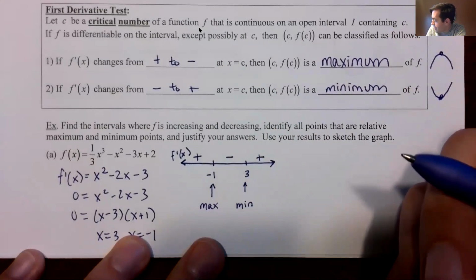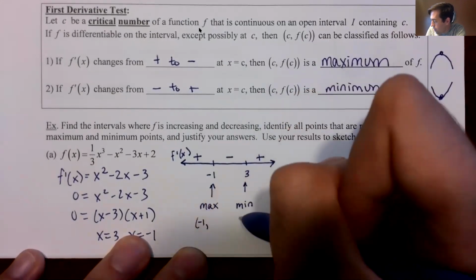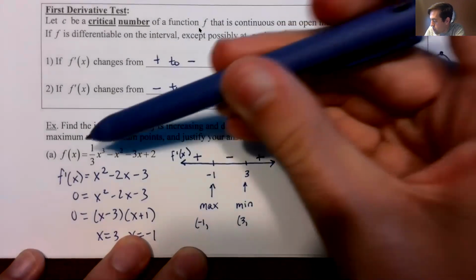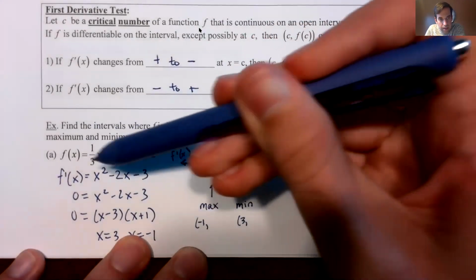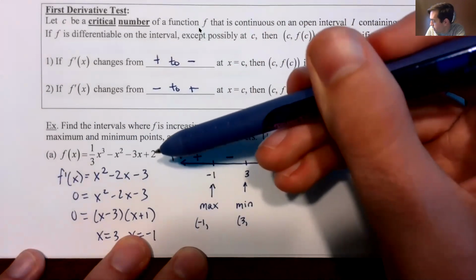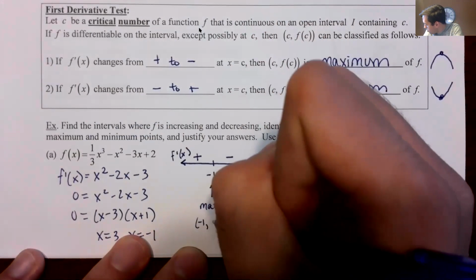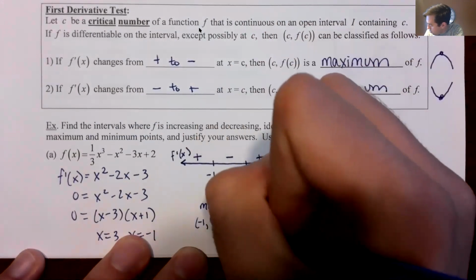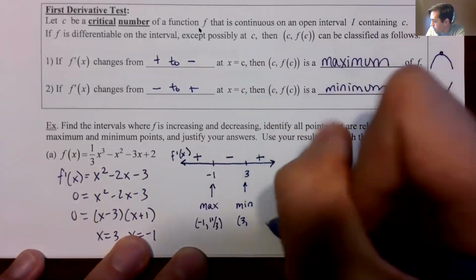I'm supposed to sketch this, so we need to actually find the points. So I'm going to plug -1 and 3 into the original equation to see what we get. So if I plug -1 in here, the original f of x, I'm going to get 11/3. And if I plug 3 in, I'm going to get -7.